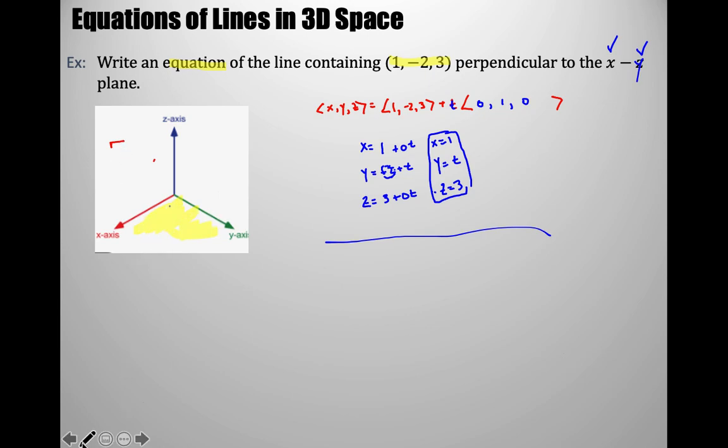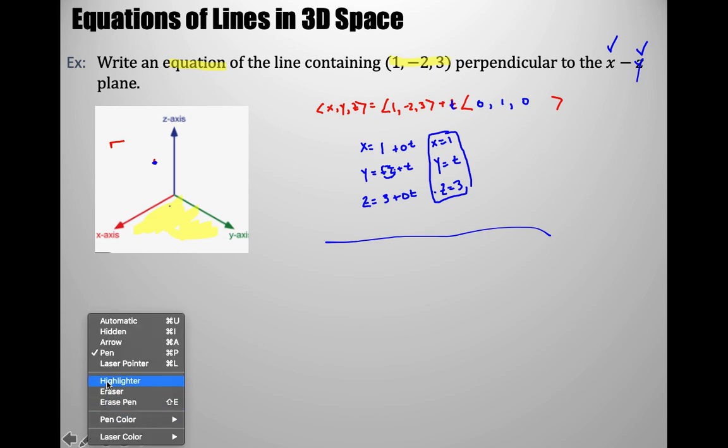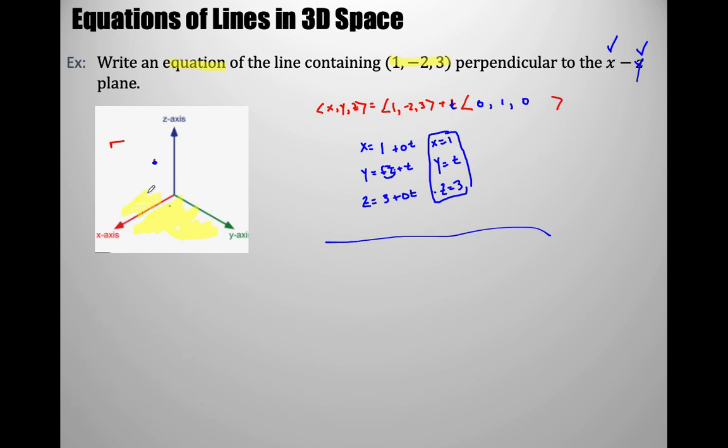So same point here, but I want you to be perpendicular to the XY plane. I guess I gotta color more, huh? Right, that's like the floor.